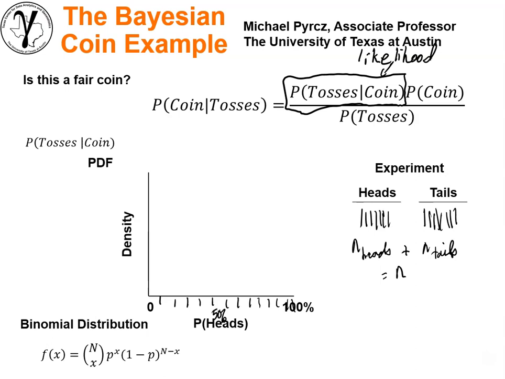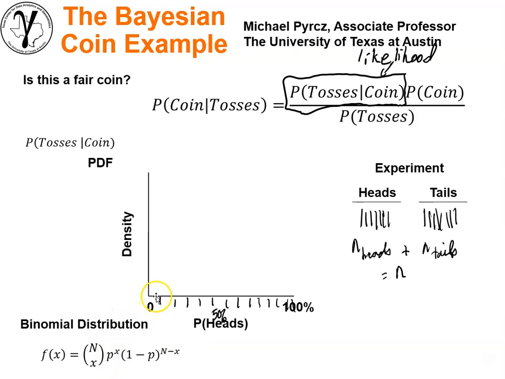And the great thing is we have the binomial distribution. The binomial distribution equation is shown right here. It provides a PDF, probability density function, for the following: the total number of trials, the total number of successes, which we will call heads, and the probability of heads to the power of the number of heads.